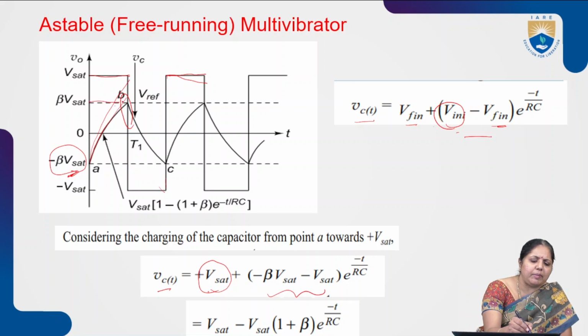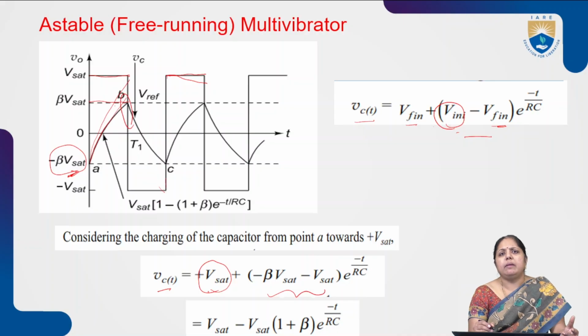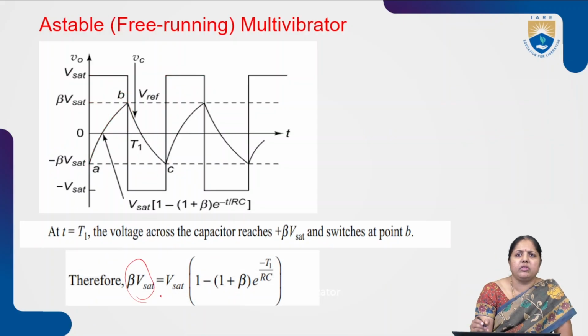The voltage across the capacitor has reached only plus beta Vsat. The capacitor tried to move towards plus Vsat, but unfortunately it charged only to the value of beta Vsat itself. So if I substitute beta Vsat as the voltage across this capacitor, I will get the expression of this form.